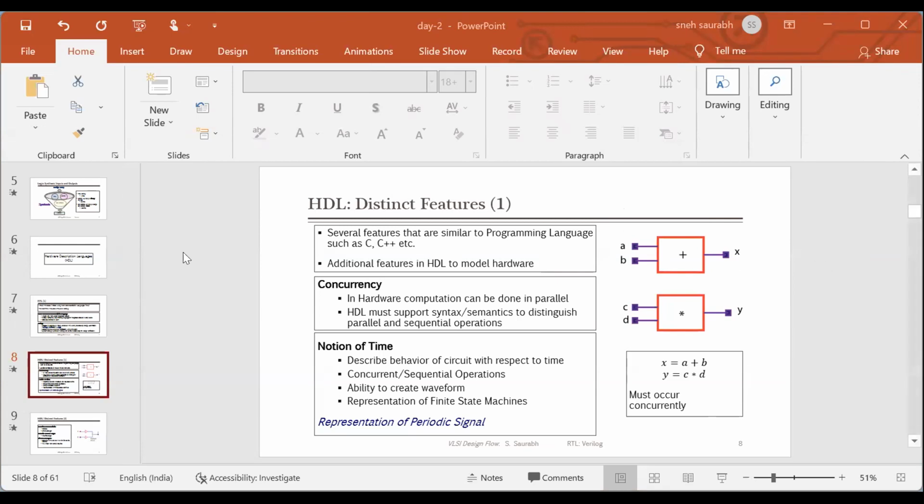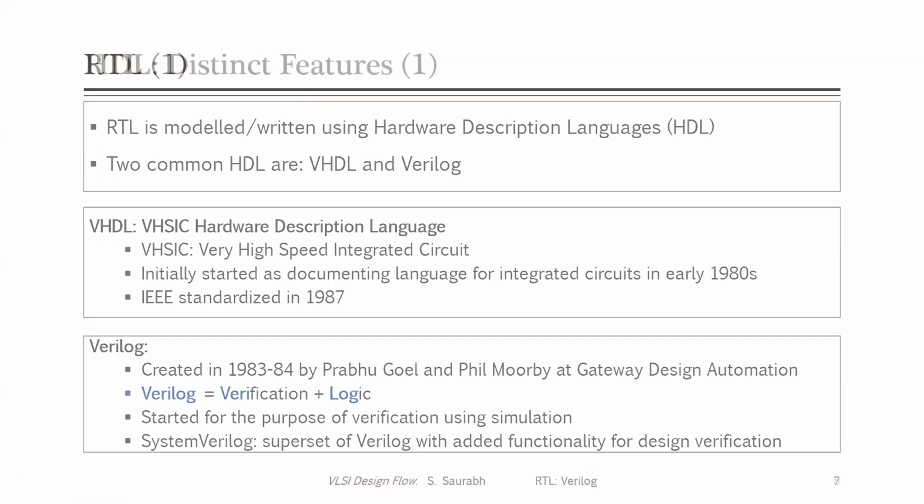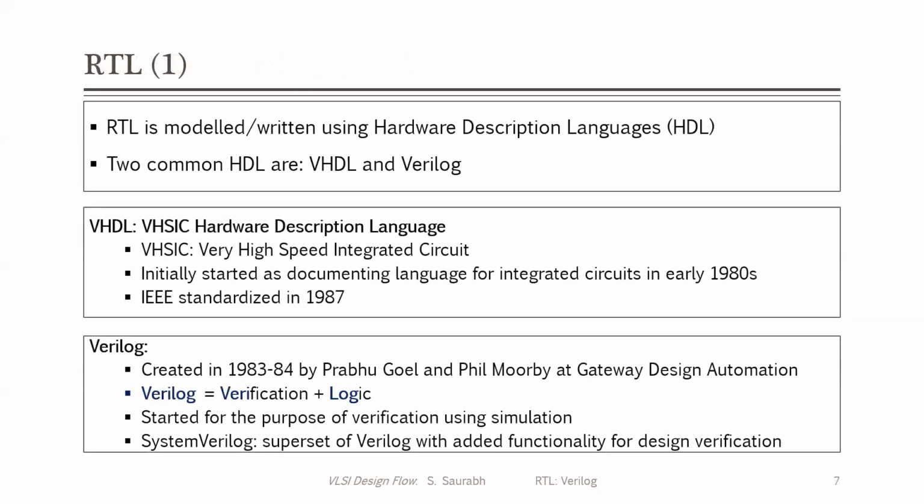Okay, so let's continue. Around the 2000s time frame, SystemVerilog was standardized, and it contains many more features for verification, not only using simulation but also using assertions, and it has a coverage model.